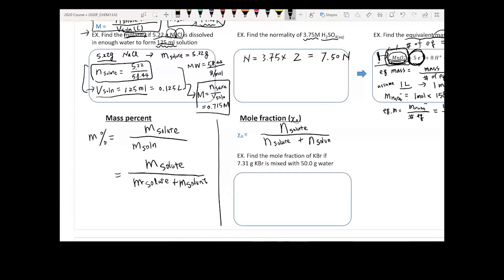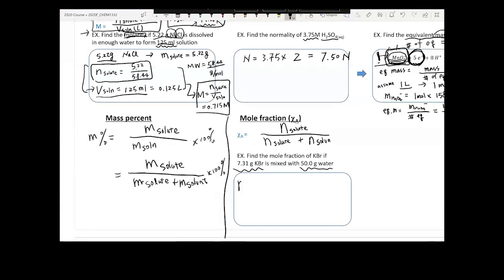If you look at this question: find the mole fraction of KBr if that much KBr is mixed with that much water. Here you need to know which one is solute and which one is solvent. Apparently KBr is your solute.